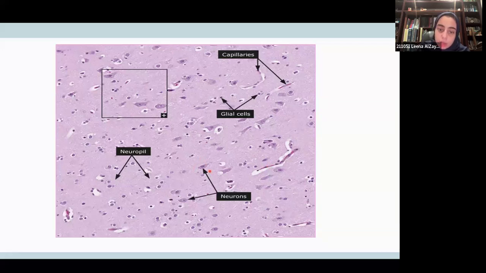These pyramidal shaped cells are neurons. They kind of look like triangles, and the neuropil and the glial cells are just the dots. The glial cells are the actual cell bodies of the supporting cells, and the neuropil is basically a bunch of axons and dendrites kind of mushed up together, and they make up the rest of the space of the nervous system.